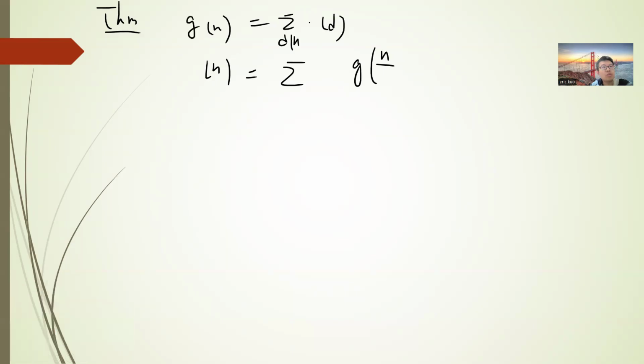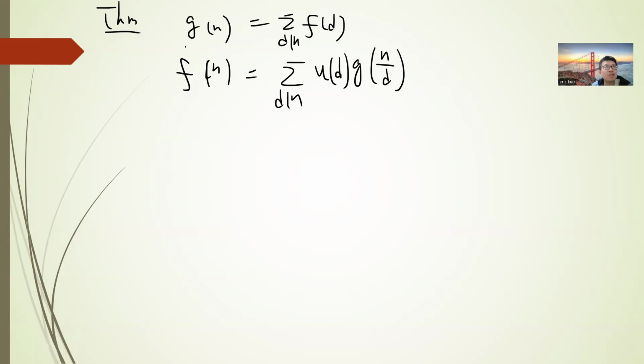So this is g to f. Okay, so we want to prove this. So the proof basically just writes down everything.